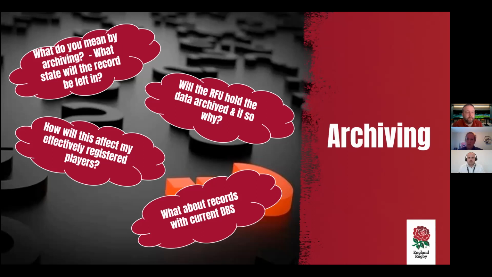And we want to encourage the fact that we're doing the bulk of removing those records on clubs' behalf, where we've been presented with the fact that that's been a barrier to usage in the past. So the RFU will keep effectively that archive record in an archive database.